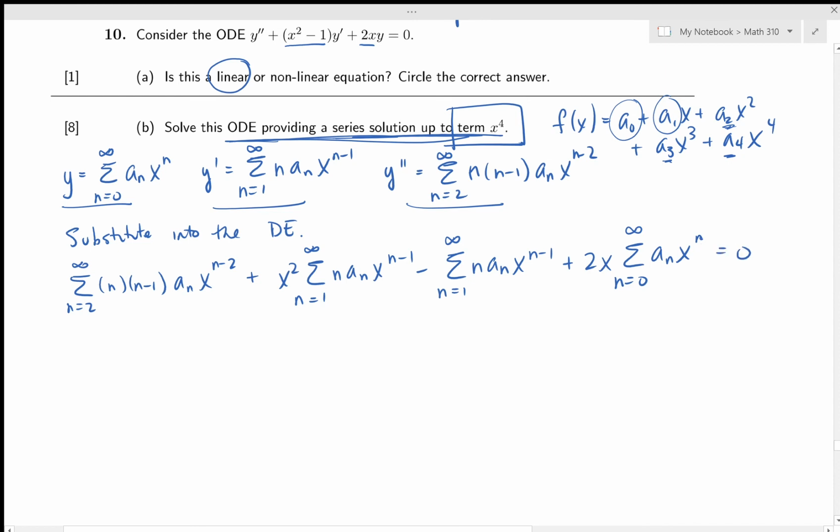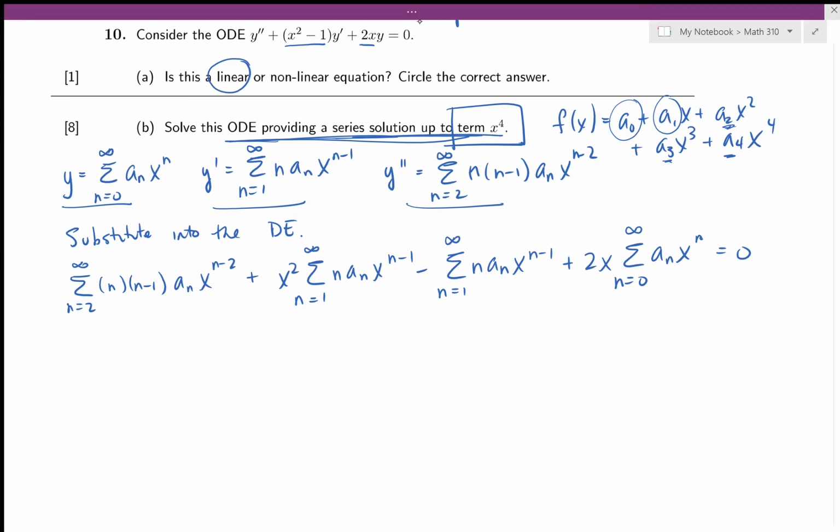Okay, the next step is we need to adjust the indices so that they are all starting at the same number, and that number is going to be n equals 2 to infinity.